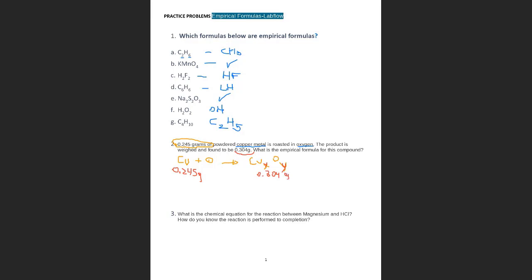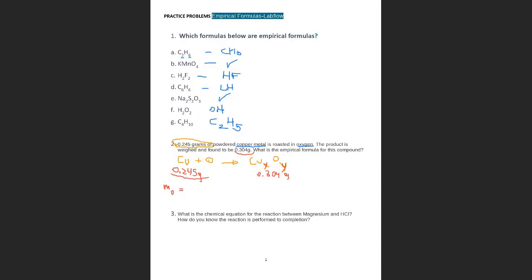And we know that the mass of copper, because of the law of conservation of mass, in the reactant side is the same as the mass of copper in the product side. And we know that the compound is only formed by copper and oxygen. So what is the mass of oxygen?